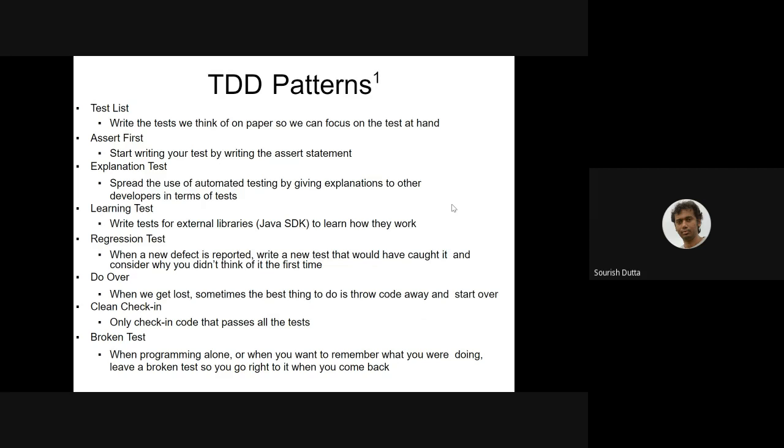Another thing is clean check-in. You cannot check in any code unless all your test cases pass. So before you check in any code, as a part of the TDD practice, you should run your test cases, see they are passing, and only then check in your code.